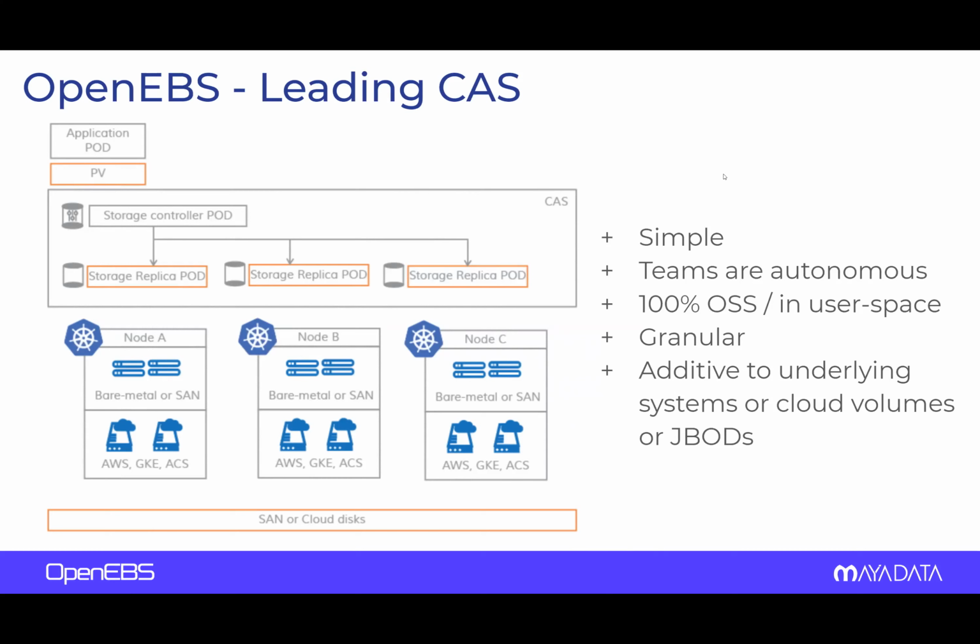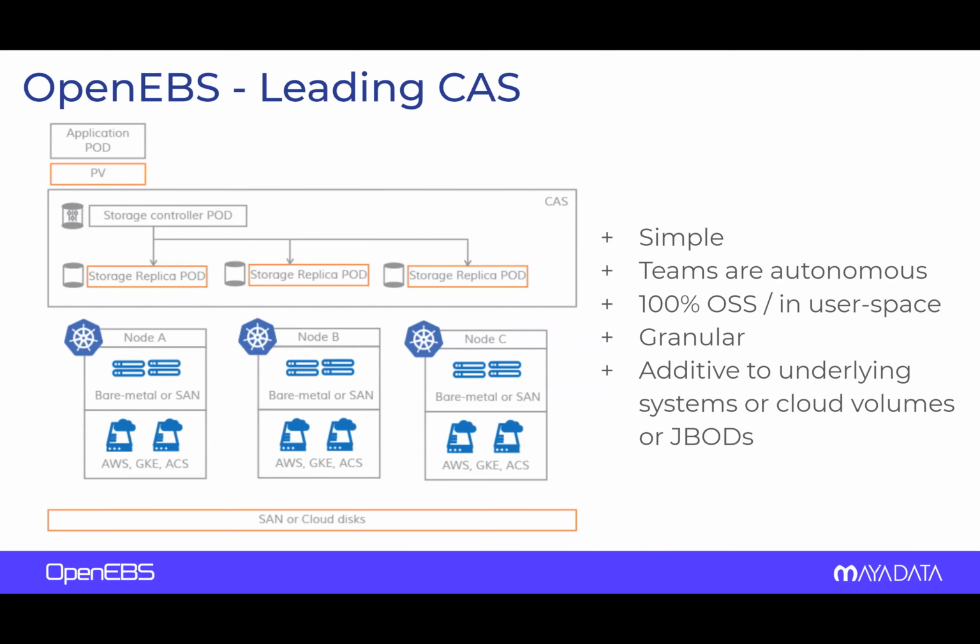So we're not trying to say that if you have an existing SAN and you want to use that, you wouldn't want to use CAS. CAS can run on top. If you have local PV, CAS can run on top. And in fact, CAS, at least our CAS, can help you manage that as well. But it is a new pattern that seems to be taking off, as we'll talk about a little bit more later on.